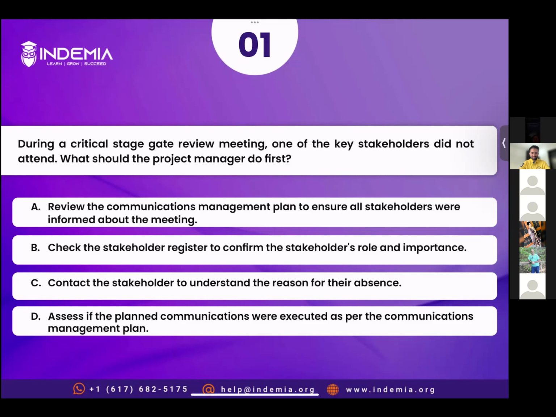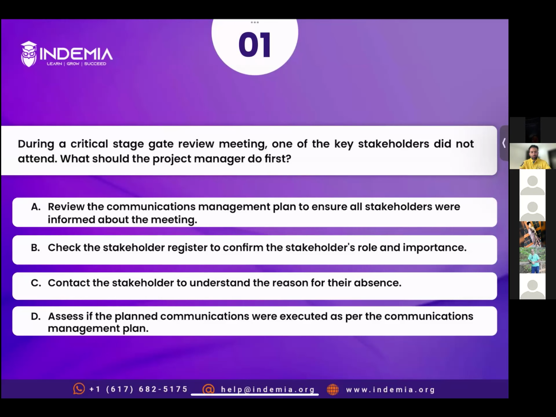If the planned communication was executed per the communication management plan. But A is about reviewing it first, right? So you are reviewing the plan, and then, I don't know, I think it's a fine line, but I think A is basically the project manager reviewing it, and D is assessing whether it was executed per the plan.